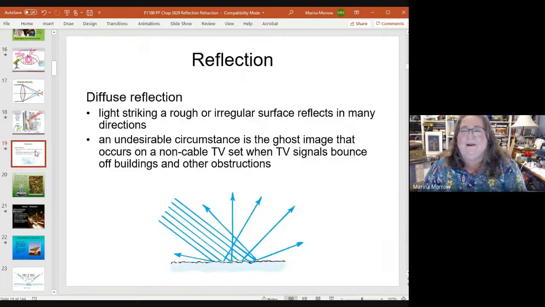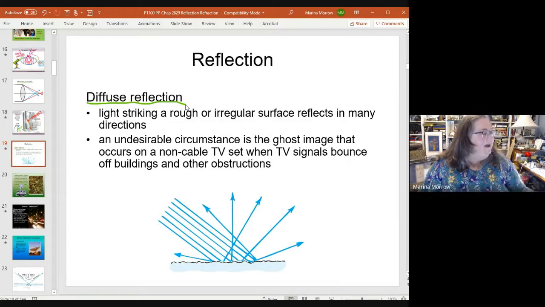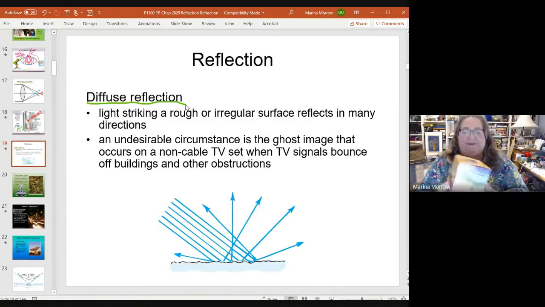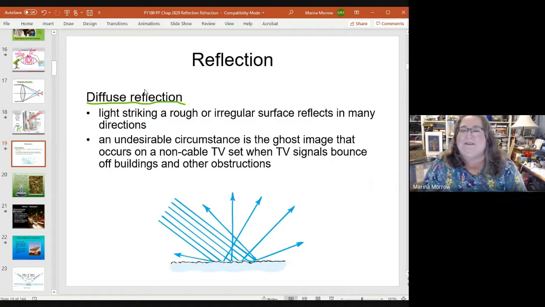So a mirror usually is a specular reflection of some sort. A diffuse reflector is a rough surface. Most surfaces are rough, right? So they're diffuse reflectors. And so that helps us to be able to see the colors. We're not just seeing the light bulb, we're seeing the thing that we want to see. And so rough surfaces are around us mostly.